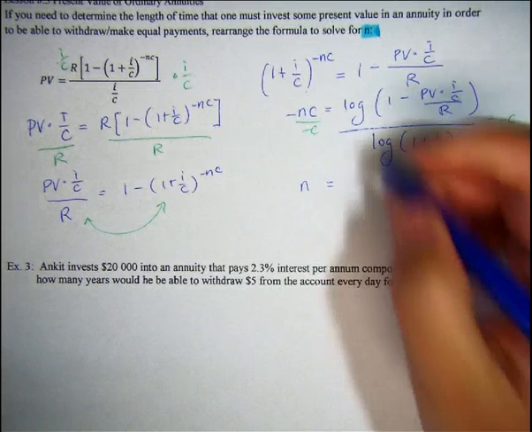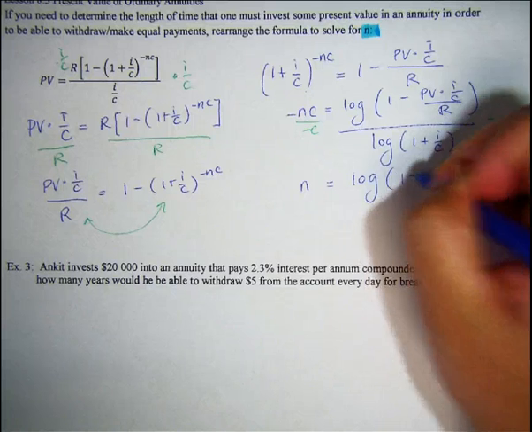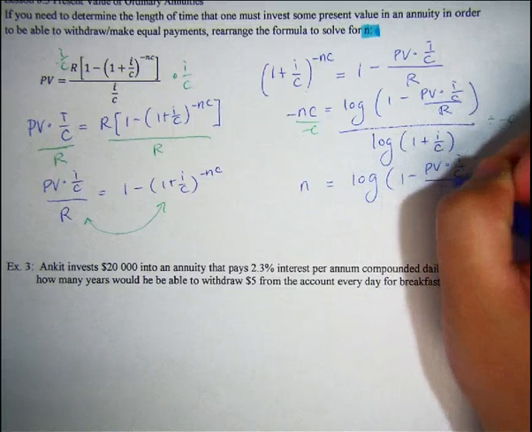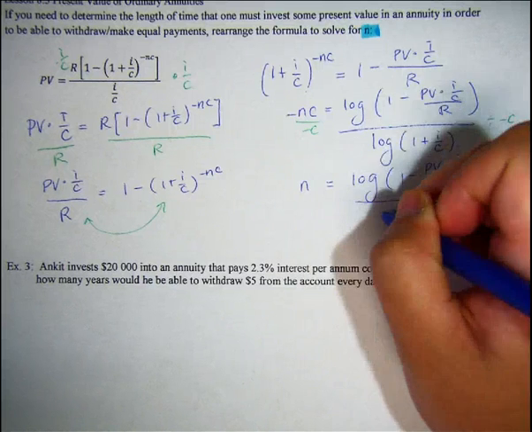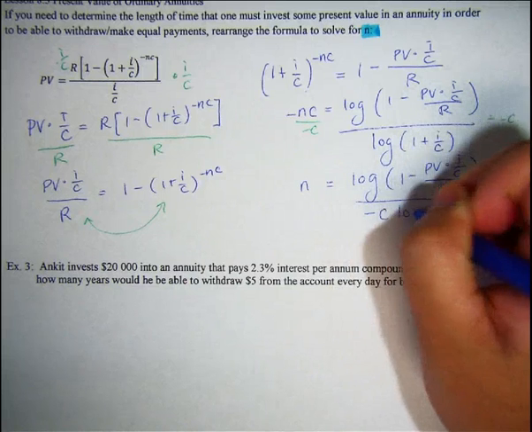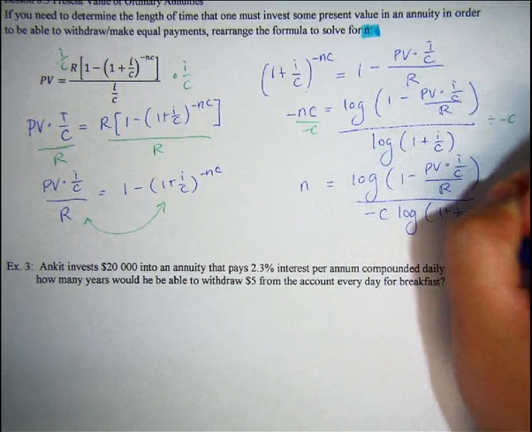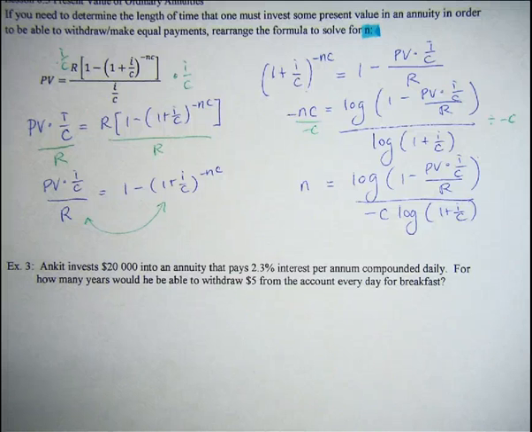So we end up with log 1 minus PV times I over C over R divided by negative C times log 1 plus I over C. Let's put this formula to use in our next example.